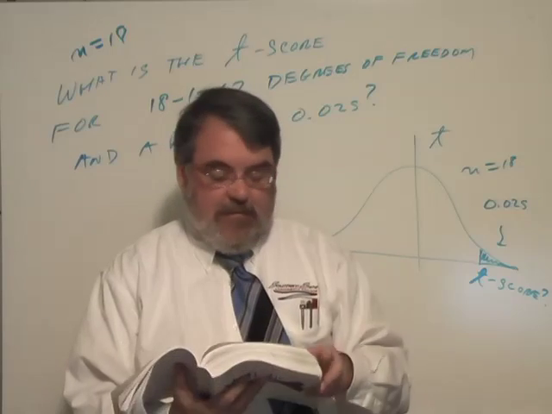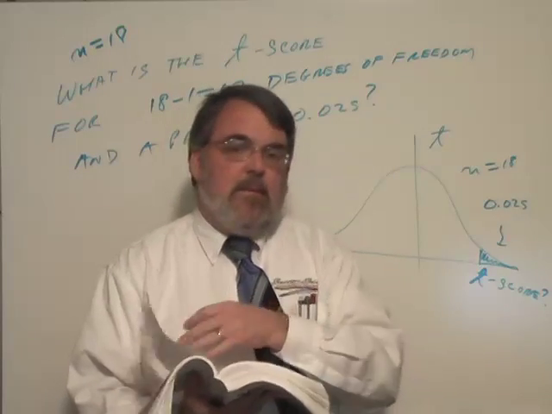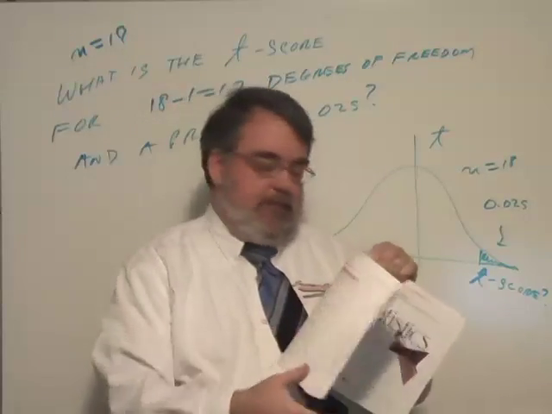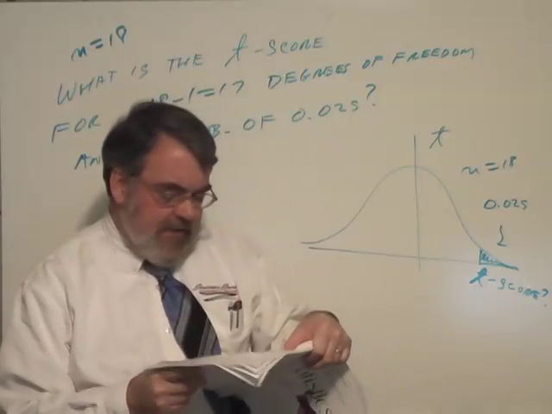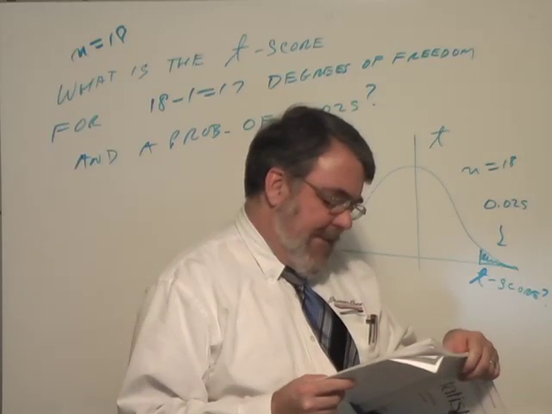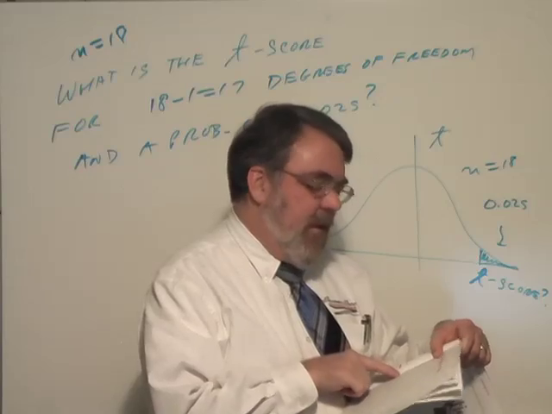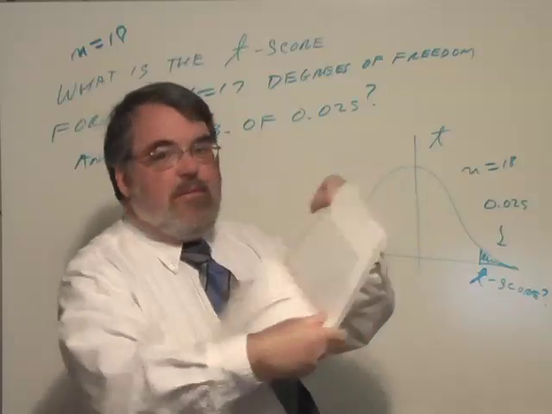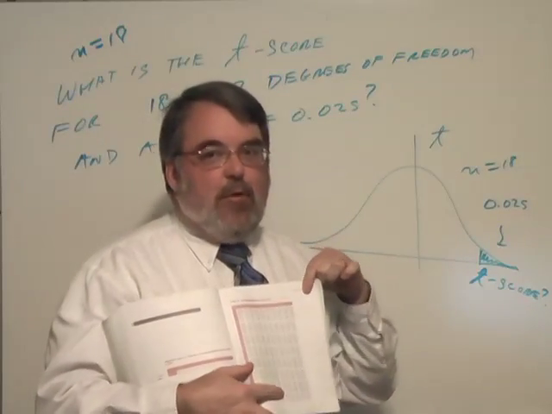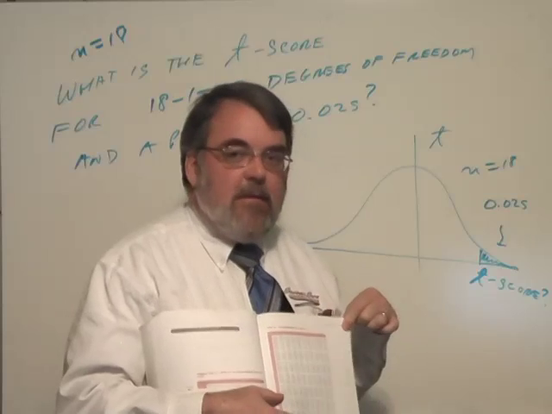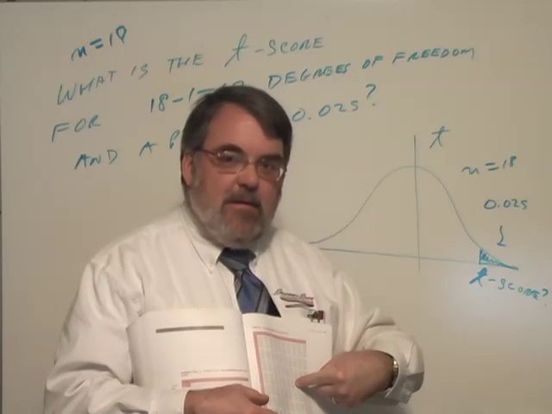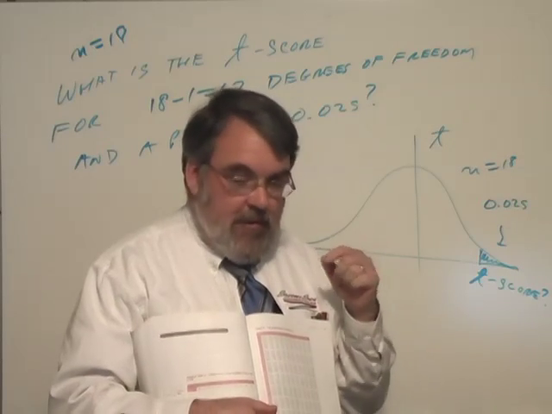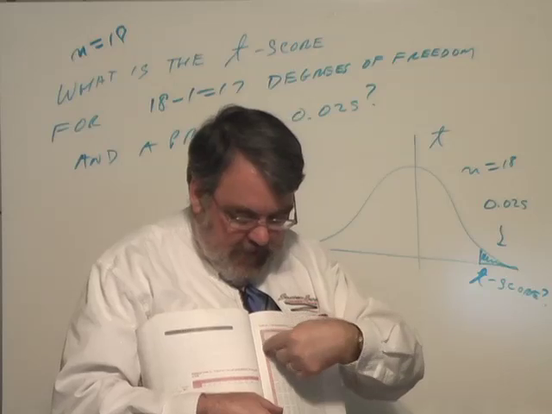Alright, page 650. Let me take you back here. Page 649. If you look at a z-score of 1.96, I'm on page 649, the normal z-distribution. Look for the probability associated with a z-score of 1.96.